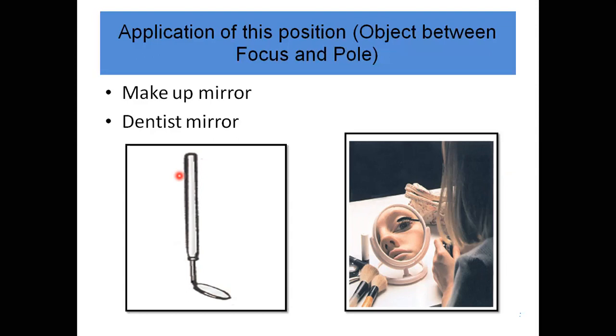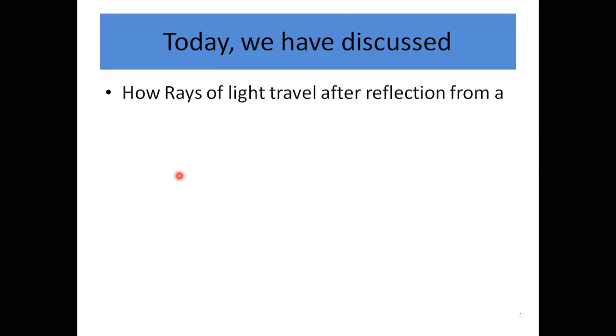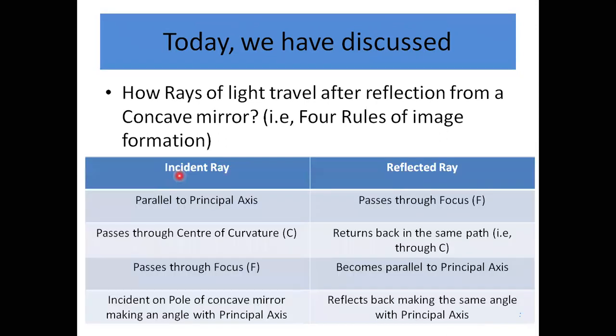So now we have understood how rays of light travel after reflection from a concave mirror. That is the rules of image formation. So what were those rules? Incident ray parallel to principal axis, reflected ray passes through focus.